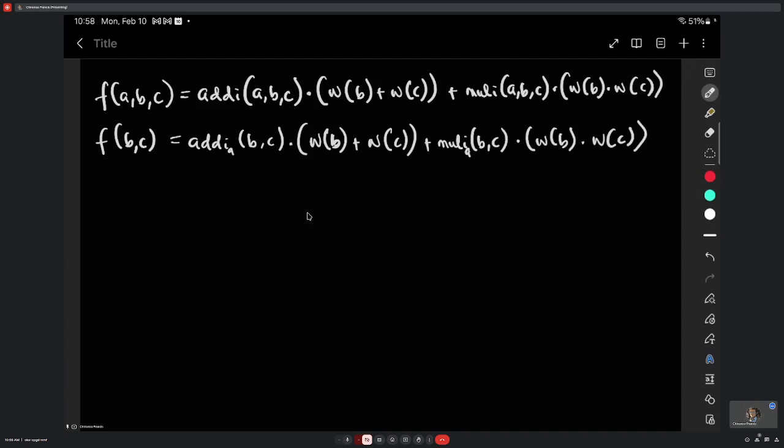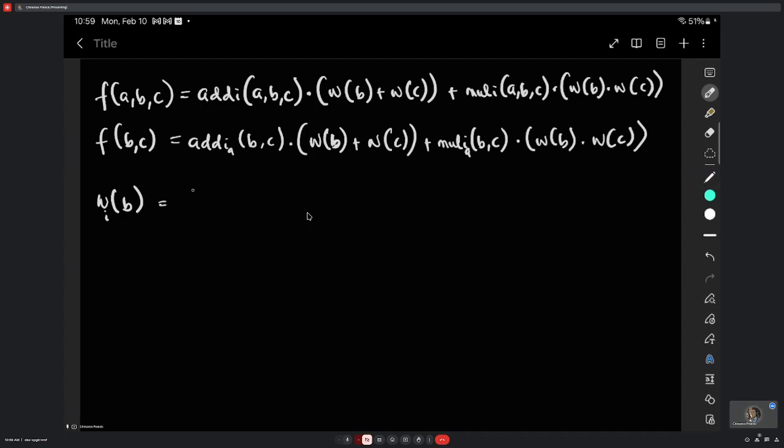Makes sense, right? But now this WB and WC, we can think of the evaluation at one layer, we can relate it to the evaluation at the layer below it. So we can still think of WB, let's say WI of B, we can relate it to WI plus 1, still with the same equation.